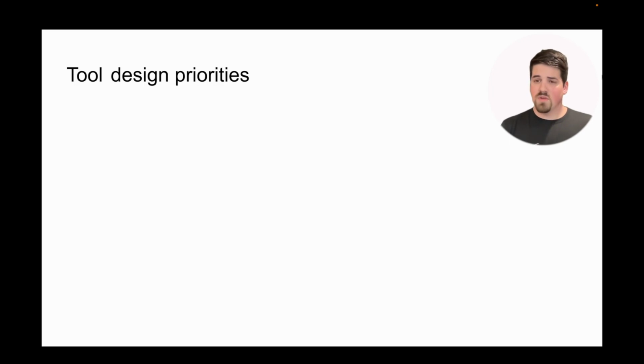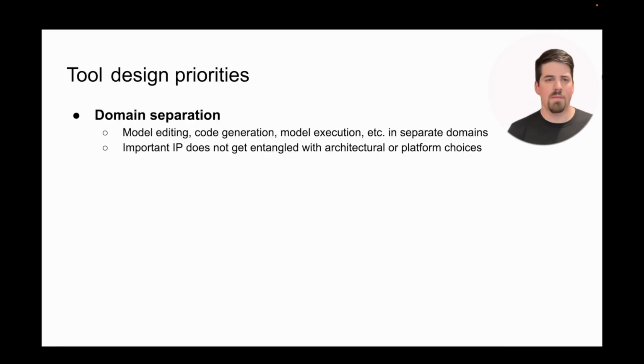Okay, priorities for these tools. They need to be implementing good domain separation. Model editing, code generation, model execution, etc., all in separate domains, as I showed in that previous slide with all the green bubbles. That way the important IP doesn't get entangled with each other or with the architectural or platform choices.